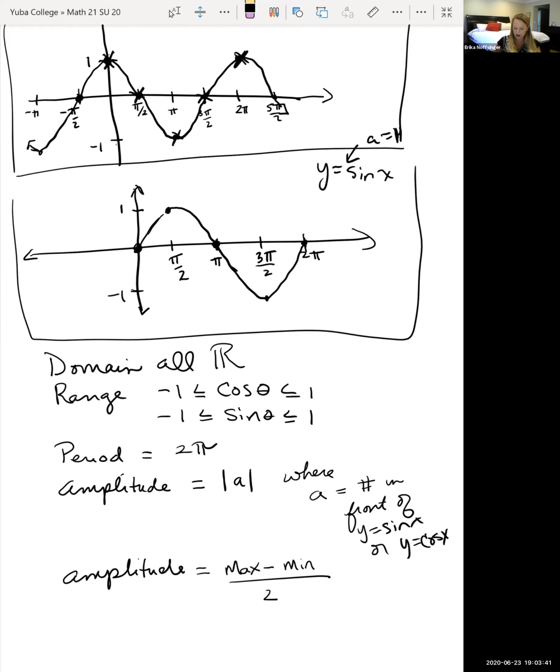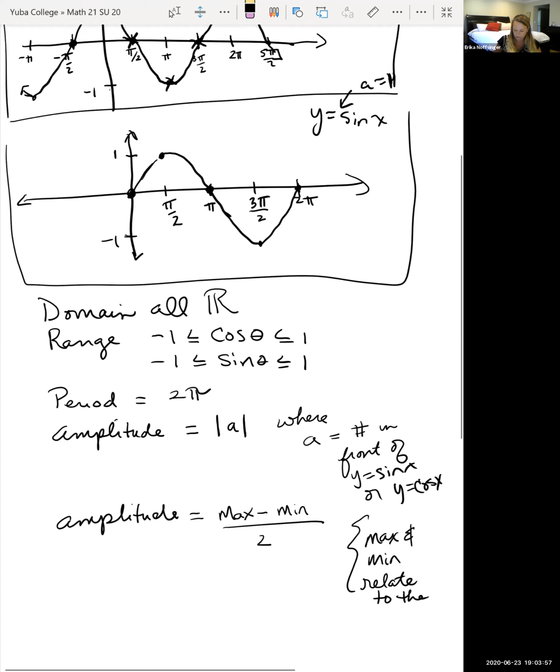Max and min always relate to the y value of the point, well, of the max or min point.